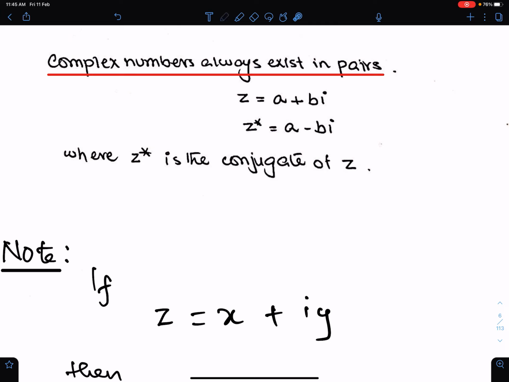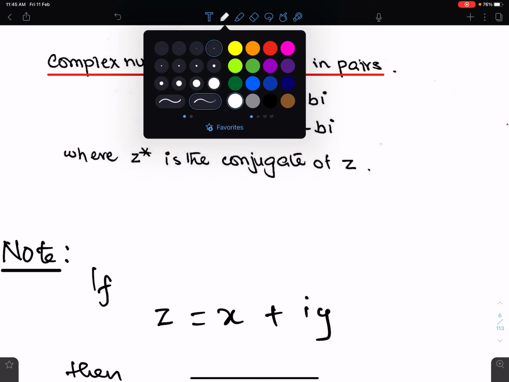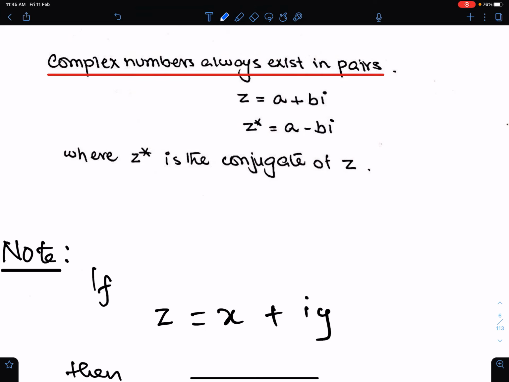For example, if the first number is 2 minus 2i, then its conjugate must be represented by z star and it should be 2 plus 2i. Because in conjugates, the real parts have same signs and imaginary parts have opposite signs.